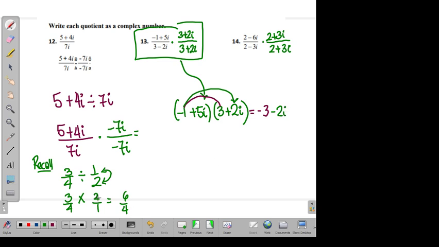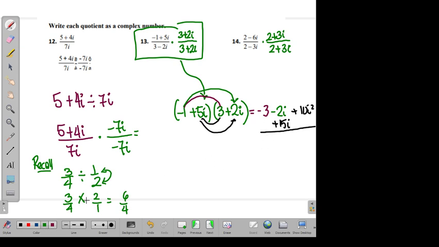So far, so good? I'm going to multiply these two. It's going to give me positive 15i. Why am I putting that there? Because it's the same i's. And then the last one is going to give me, who can help me with that? 10i squared.